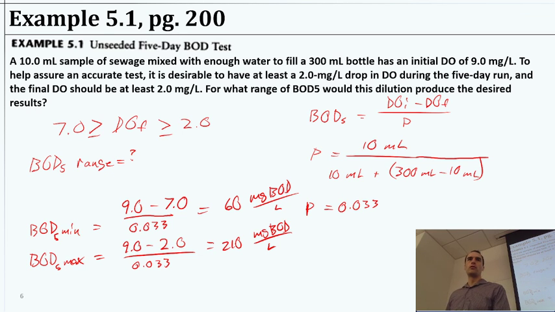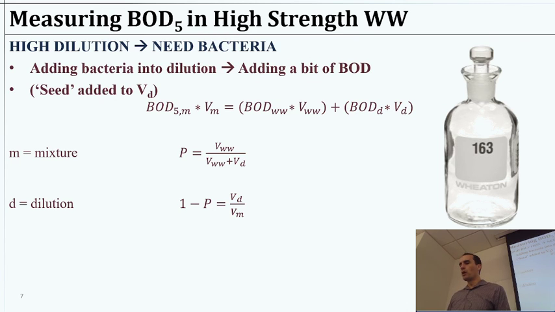It is pretty straightforward. So I want to talk just a minute about adding a little more complexity to the system when we have to seed a dilution. I mentioned earlier, a lot of times we're going to have to dilute heavily. We have a really high strength wastewater. Let me comment on this real quick.